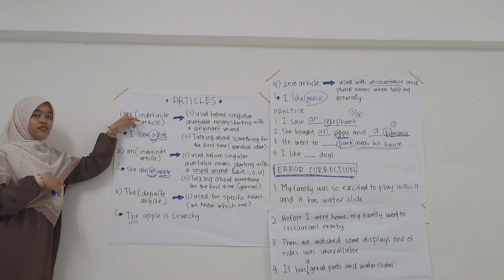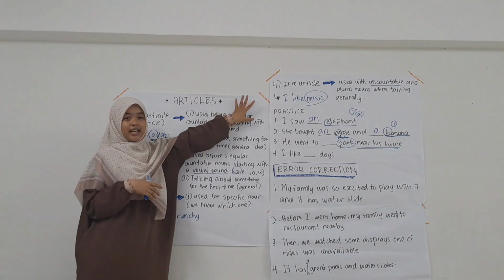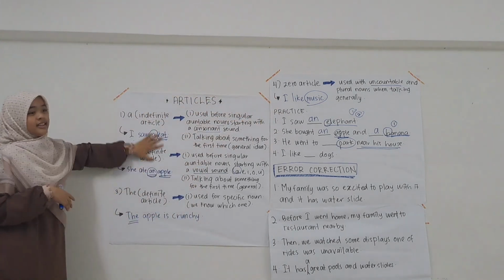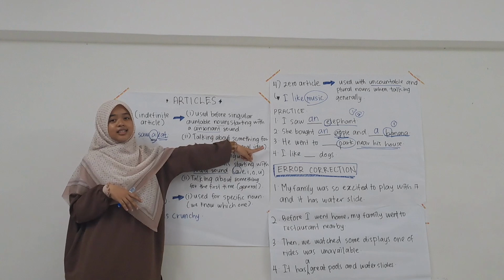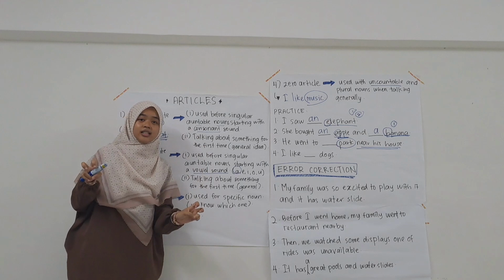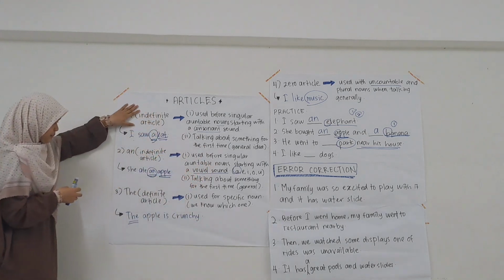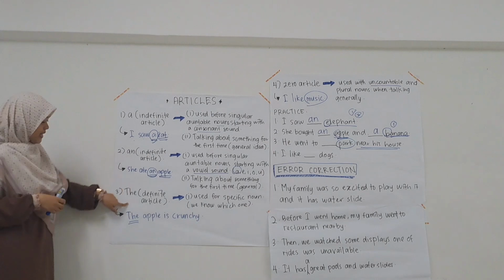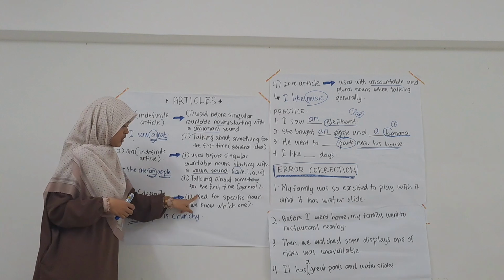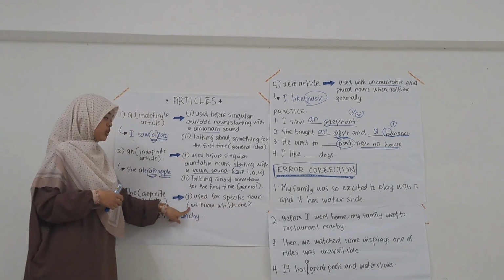So which of the articles that I have shared with you have that particular criteria? The specific place that we already know. Which one is it? The, right? Okay, so because you see, the is used for specific noun. So we know which one.